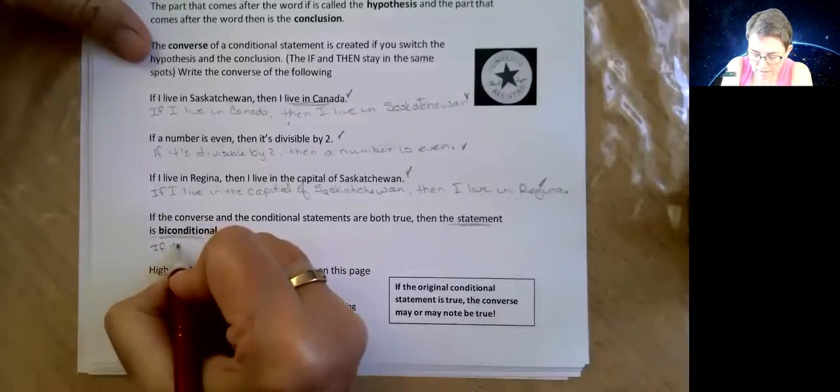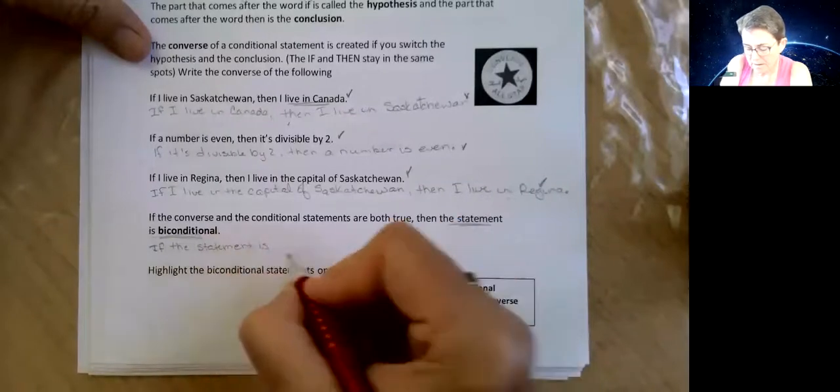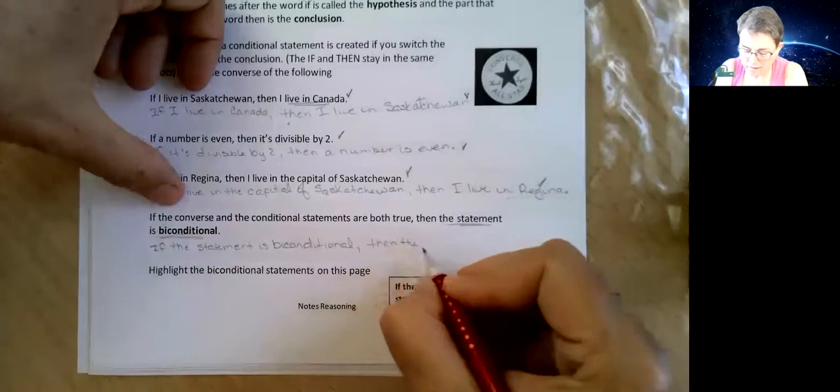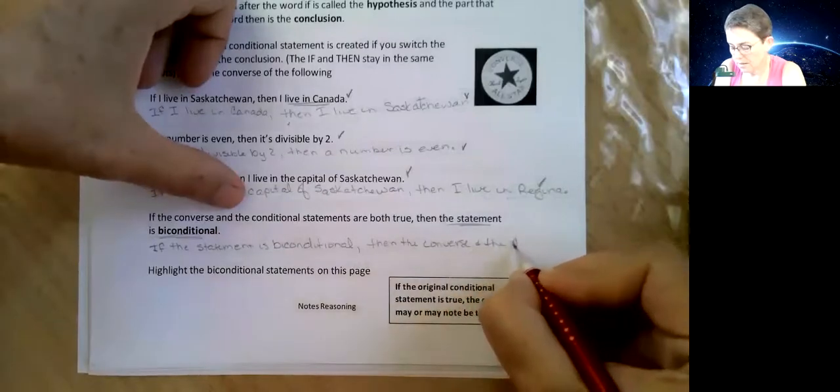If the statement is biconditional, then the converse and the conditional statements are both true.